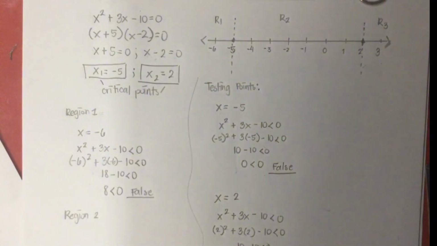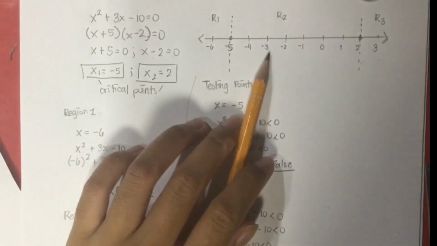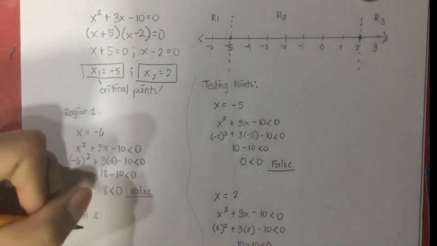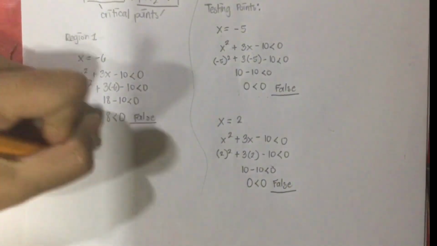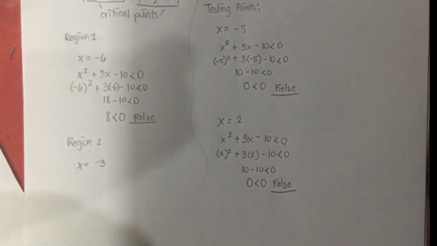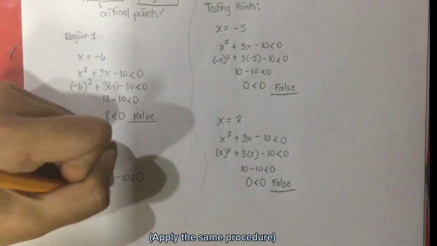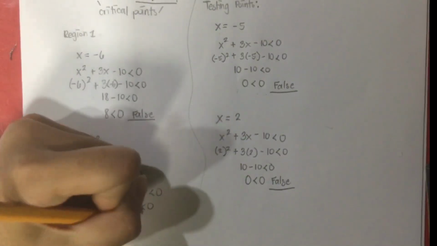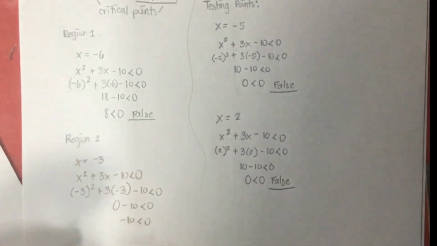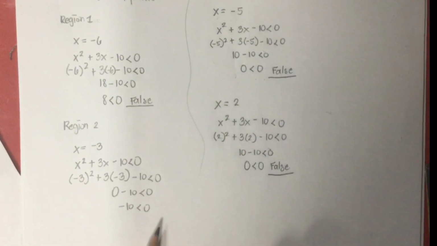I will be choosing negative 3, so x is equal to negative 3. Is negative 10 less than 0?